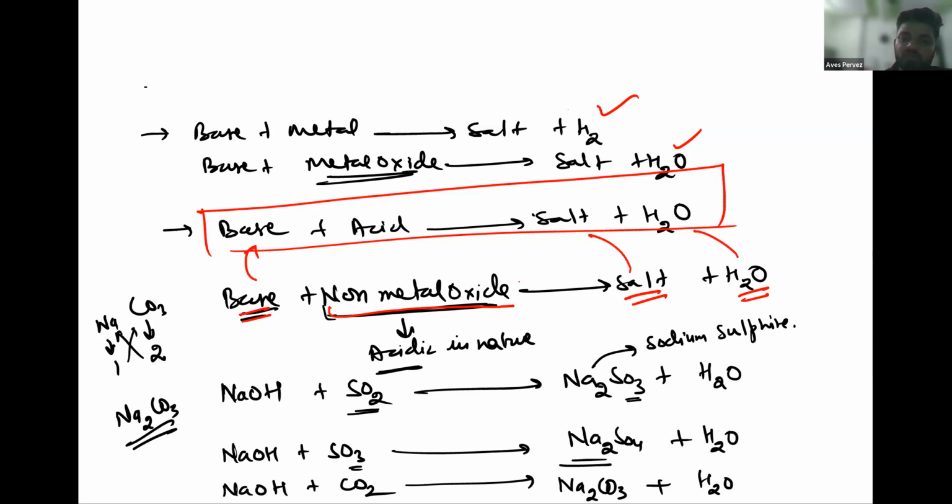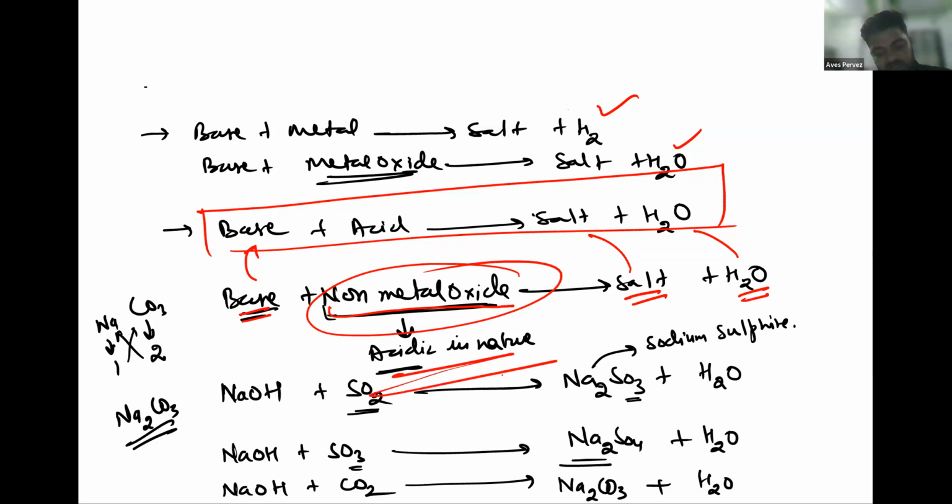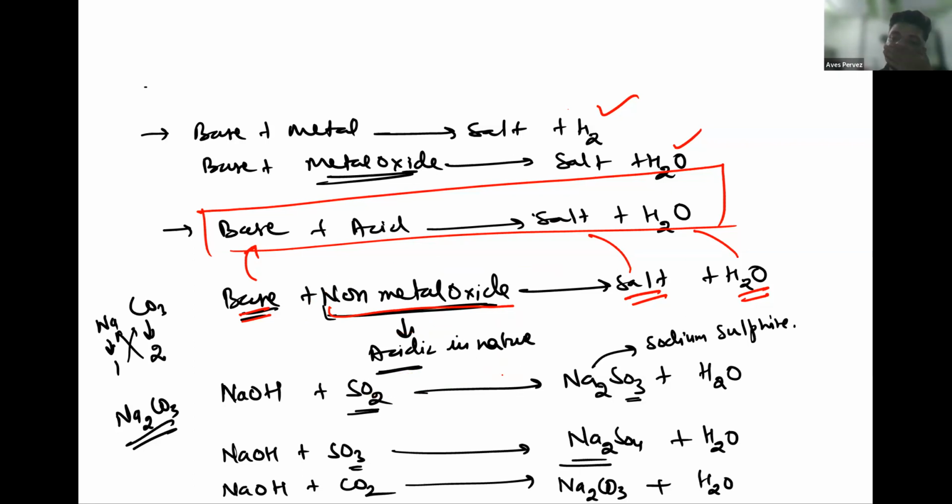So you can say that non-metal oxides are acidic in nature. Got it? So non-metal oxides are acidic in nature. Like we have NaOH reacting with sulfur dioxide, SO2, then we have Na2SO3.